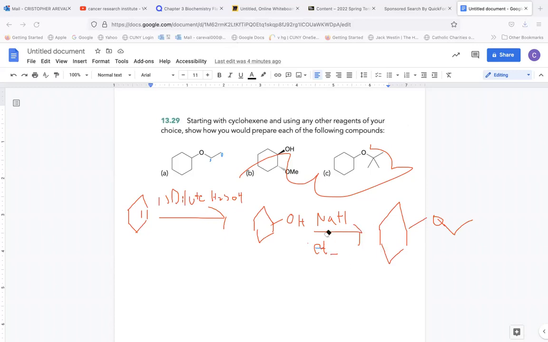So what happens, right? Let's do the mechanism. Yeah, it's important. NaH, right? Na, and then there's a hydrogen right here. This hydrogen is a negative, right? It's hydride, basically. It's like a nucleophile, a strong one. So it's gonna attack.